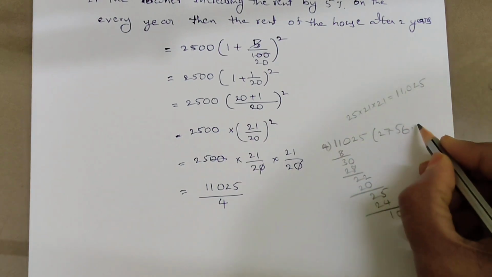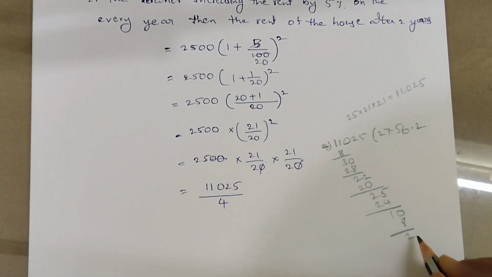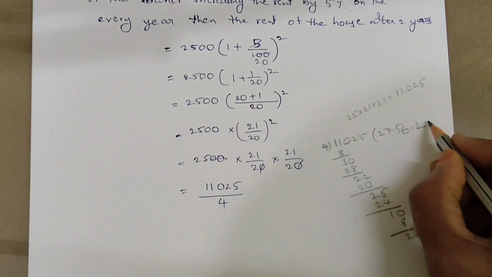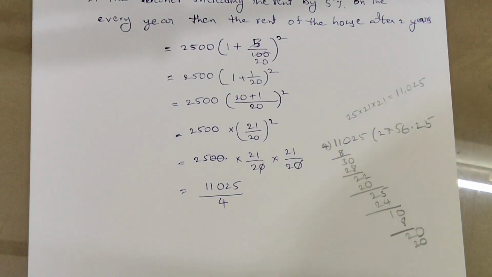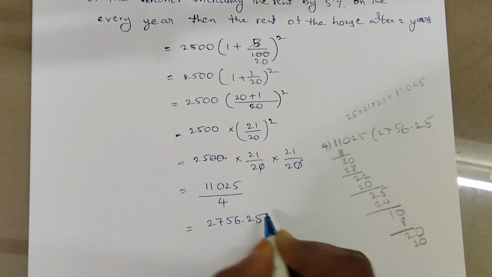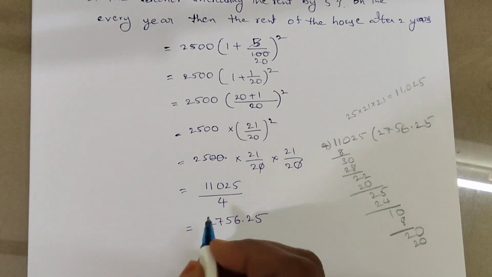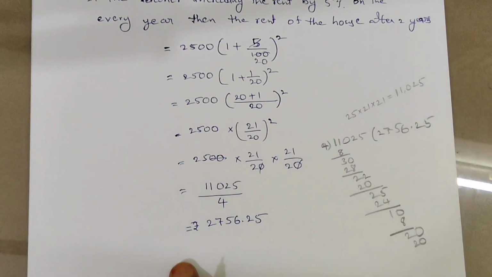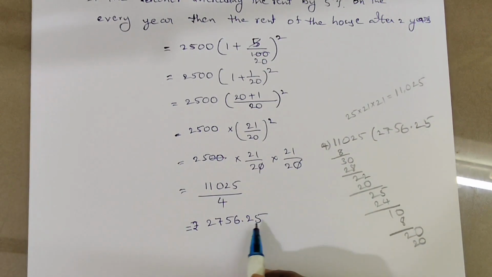Here point 0, 2s are 8. Next 2, again we write 0, 4 5s are 20. So this is equal to 2756.25. Here this is the amount, we write the rupee symbol. After 2 years, after increasing the rent, the amount is 2756.25.